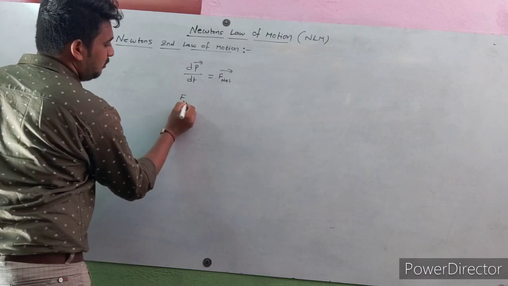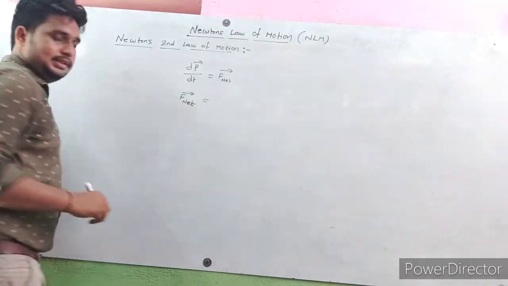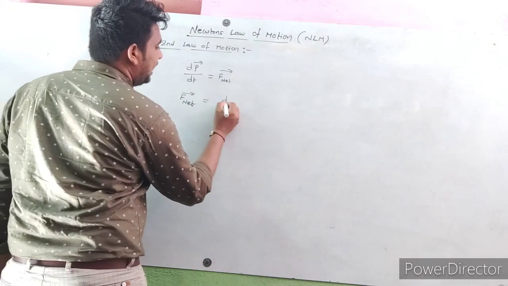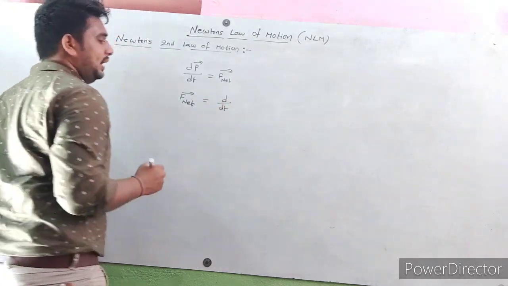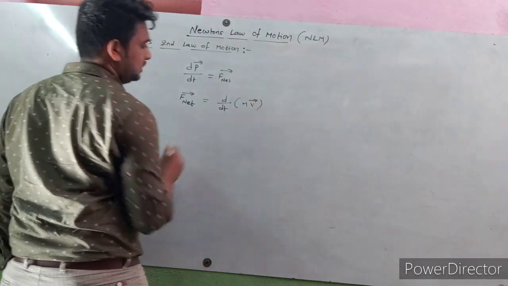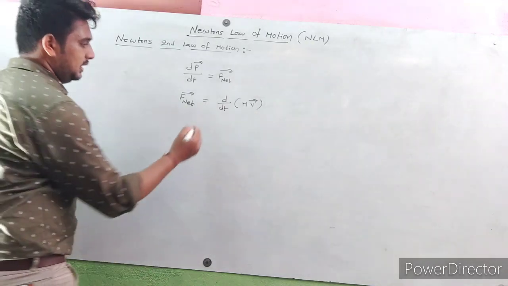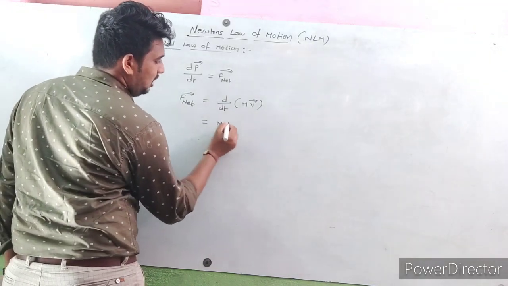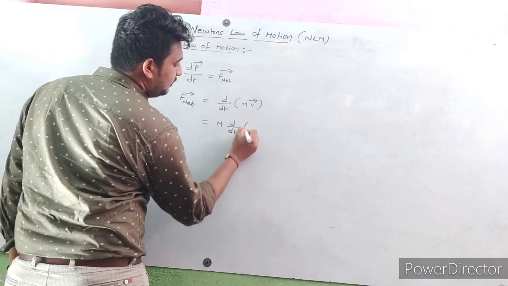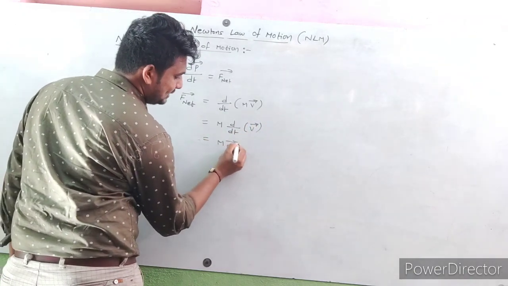So that means f bar net is equal to d by dt of momentum, which means mass into velocity vector. d by dt of mass into velocity vector. Mass is constant, so d by dt of velocity vector v bar gives mass into acceleration.